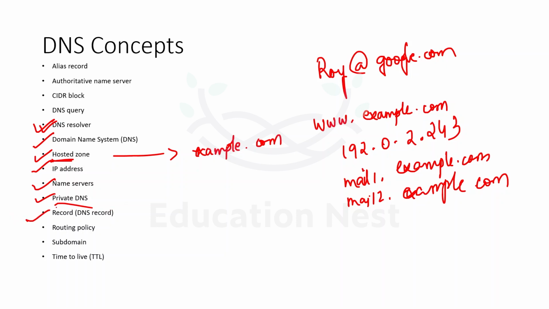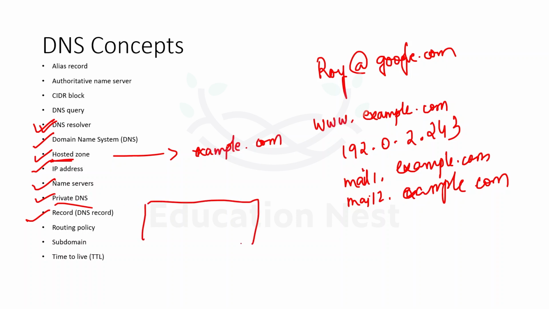Then we have records, or say DNS records. It is an object in a hosted zone that you use to define how you want to route your traffic for a particular domain or its subdomain. For example, you might create a record for example.com and www.example.com that routes the traffic to a web server that has an IP address something like 192.0.2.234.